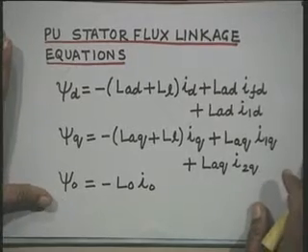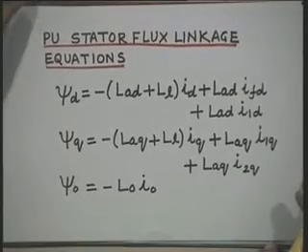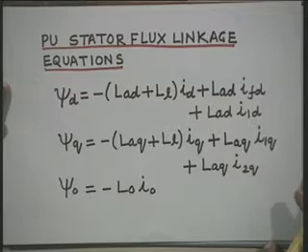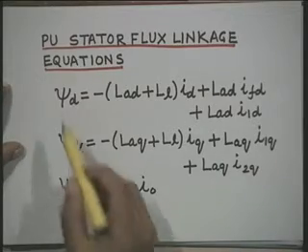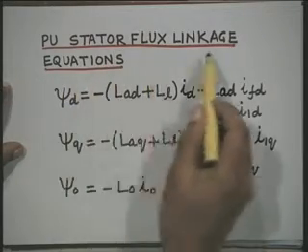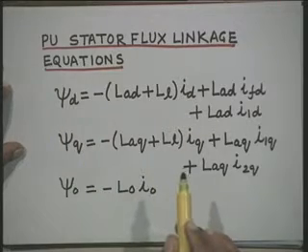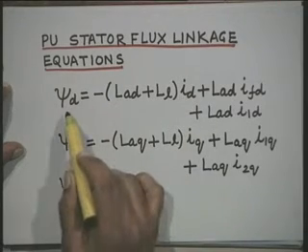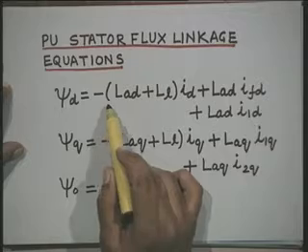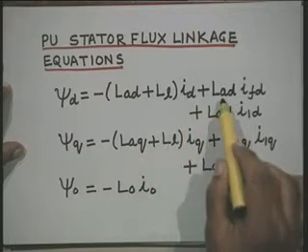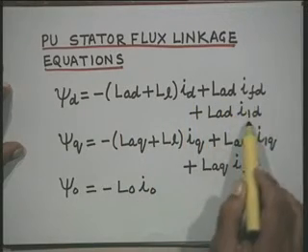Then in these equations which were written, we need the expressions for stator flux linkages. Therefore, another set of equations are the per unit stator flux linkage equations. These are written as psi d equal to minus (LAD plus LL) ID plus LAD IFD plus LAD I1D.